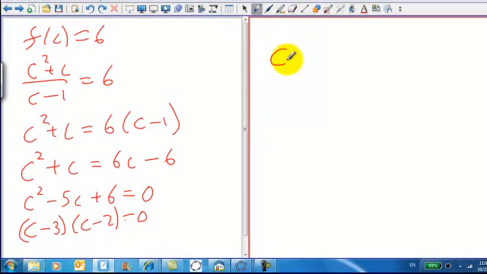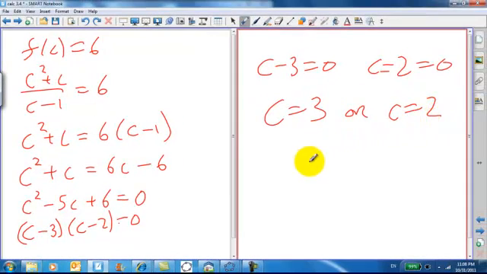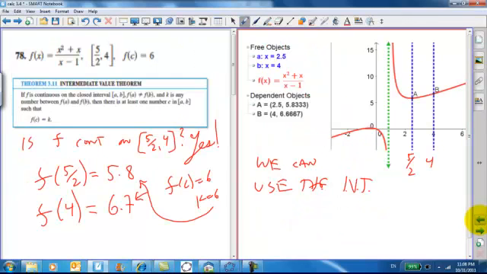And so we get c minus 3 equals 0, or c minus 2 equals 0, c equals 3, or c equals 2. But don't lose sight of what the original question was asking. Find a c in the interval from 5/2 to 4.